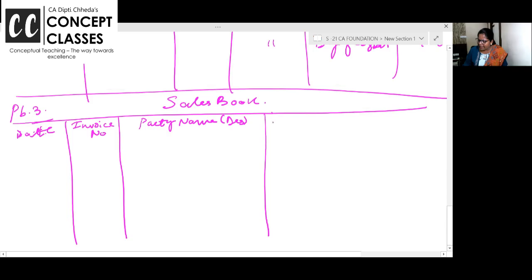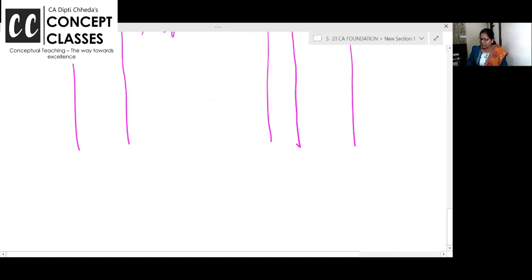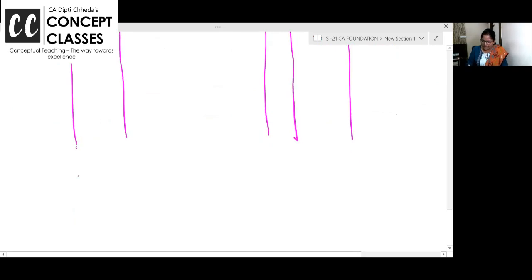Then a small LF. Everyone in the class is clear? LF is not important for the exam. But practically when I'm saying party to sales, party's account posting, I'm doing here. Ledger folio. Debit amount and credit amount. Done? Chalo, let's start, and we will carry this forward also.